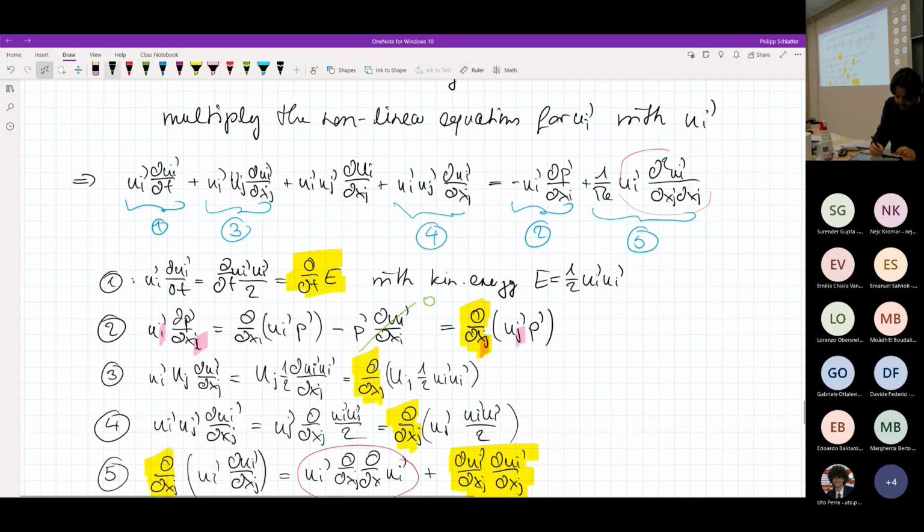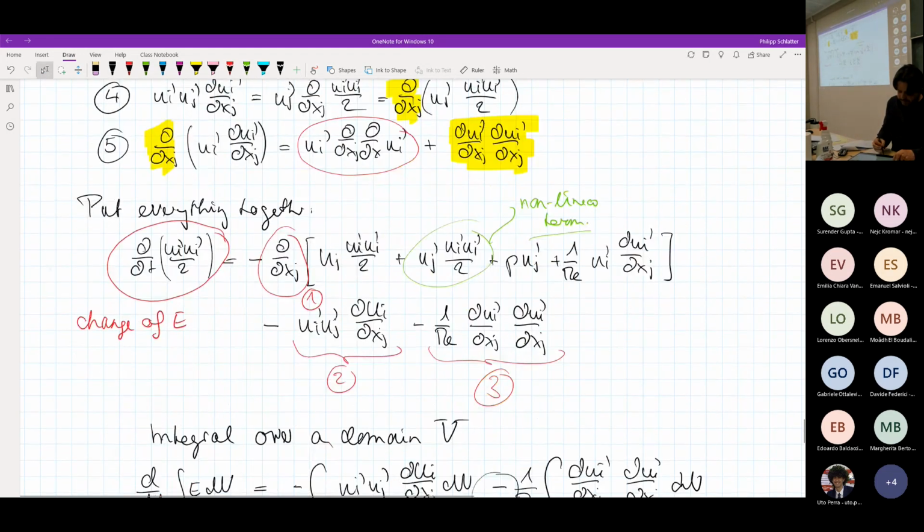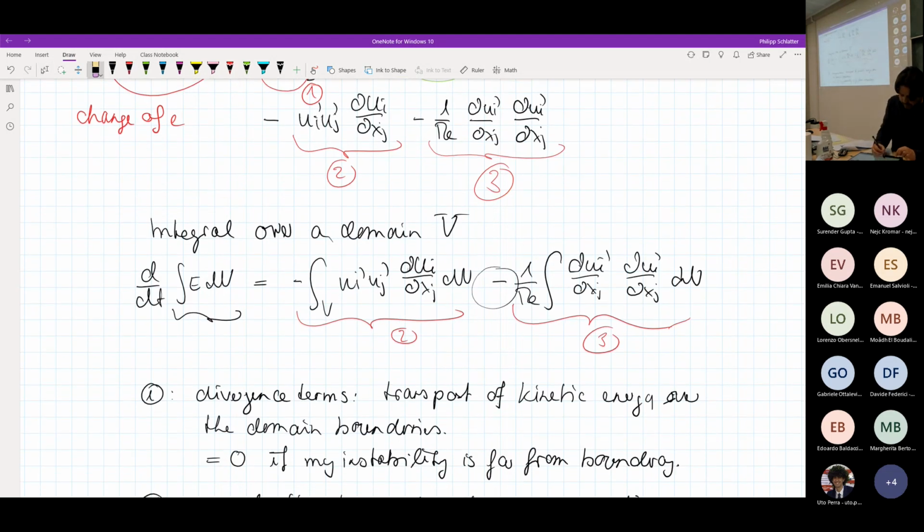Let me call this a little e, because then I can use a big E here. If this is a small e, then I can make a big E out of this. Okay? So I say like this, that this is dE/dt. Okay? So the big E would be the total energy.